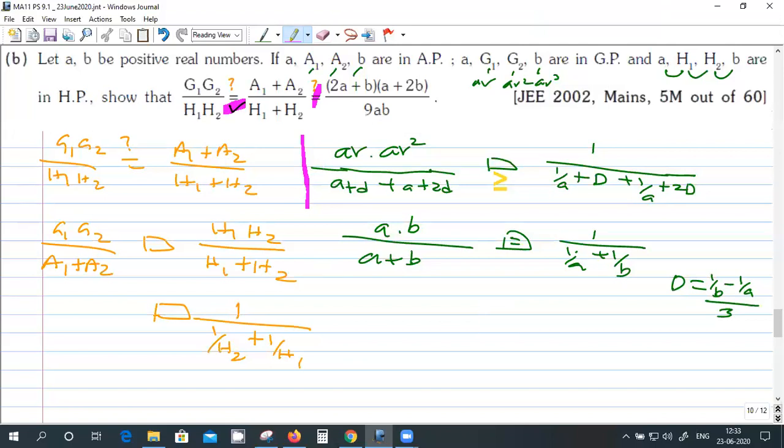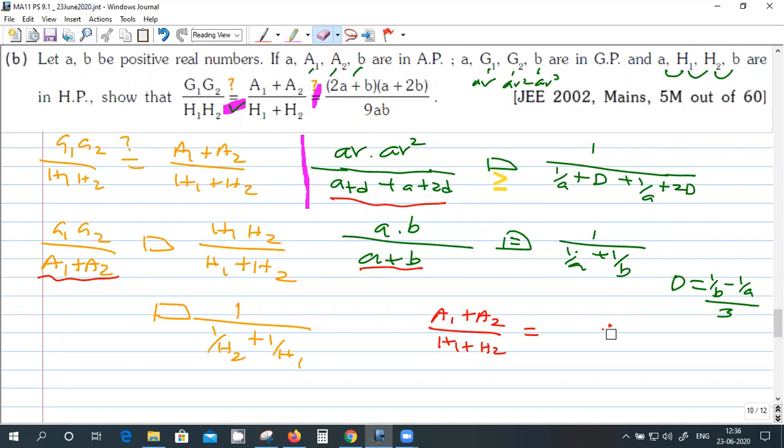Okay. This is same as G1 G2 by your H1 H2, right?